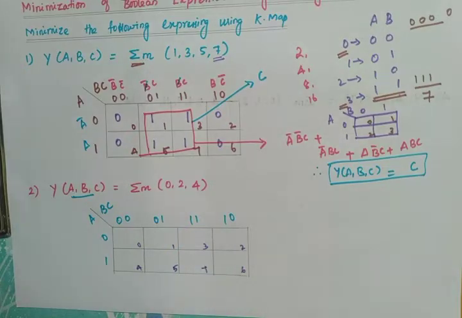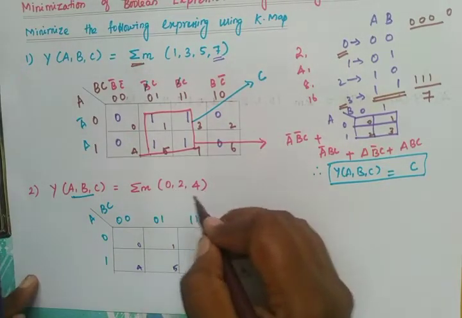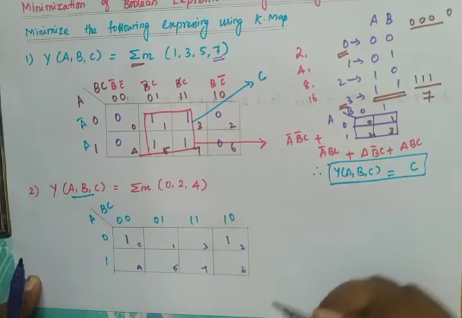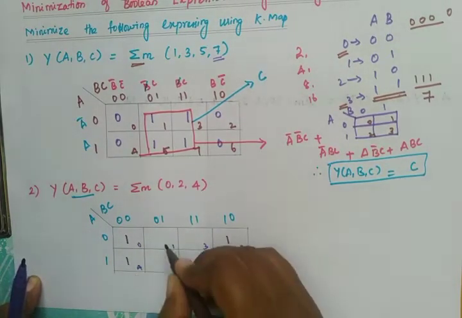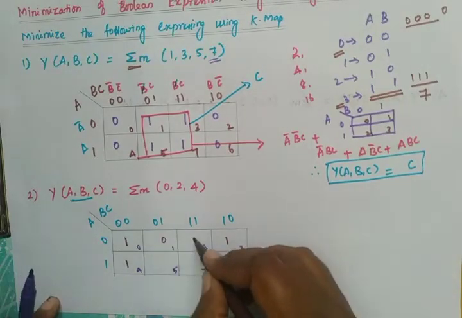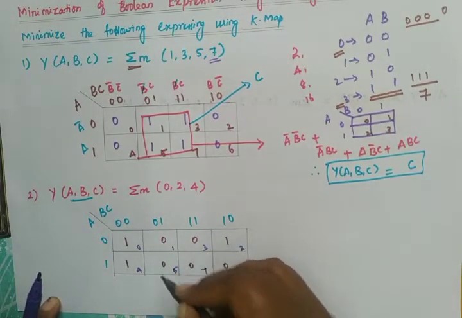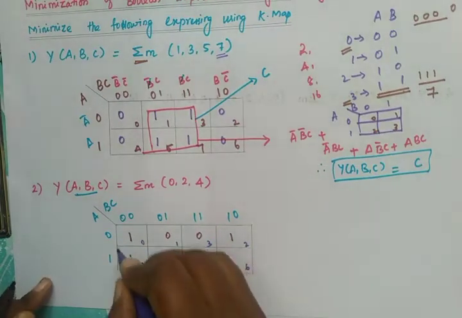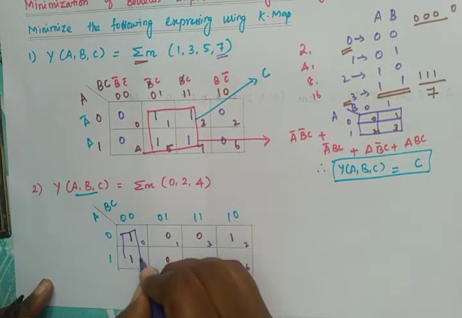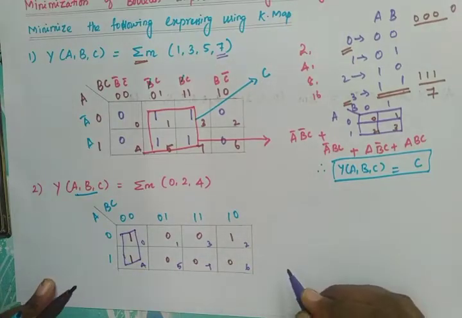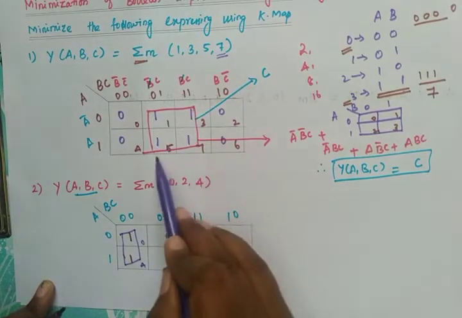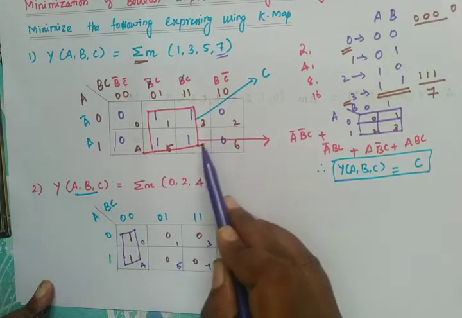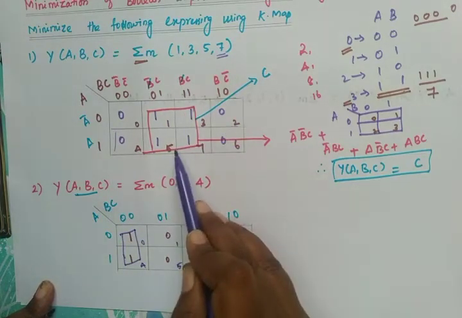Now substitute 1 for these numbers. Here we have 1, here we have 1, here we have 1. Then the remaining will become 0, 0, 0, 0, 0. So we have to group the ones. Listen, while grouping, either we can pair 4 like this, or if we have 4 here, we can pair 4 here.